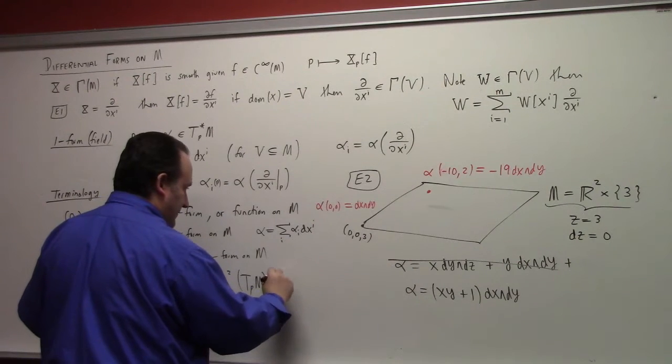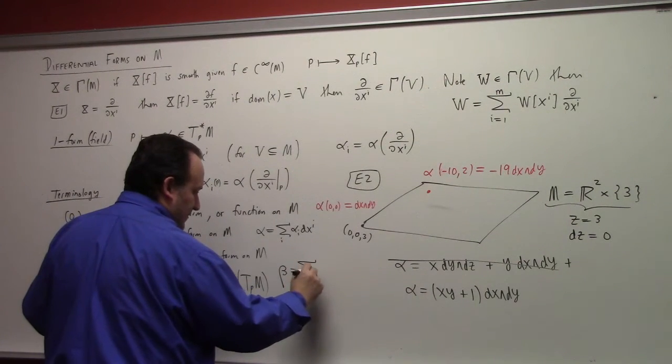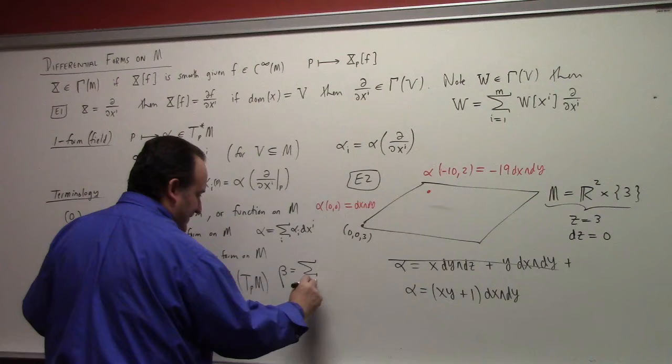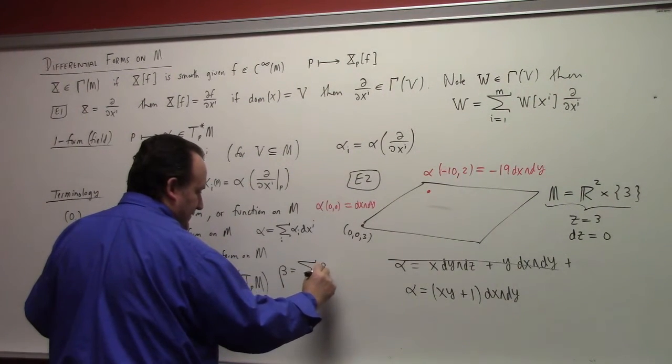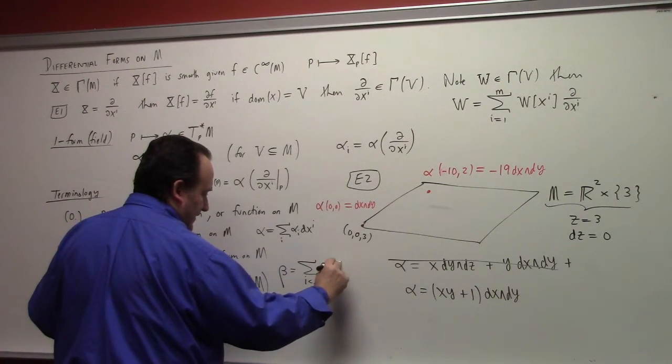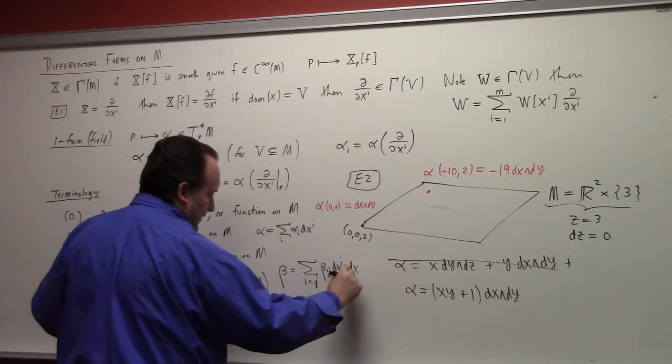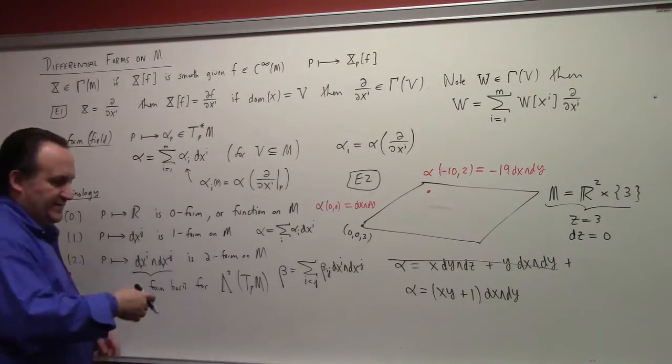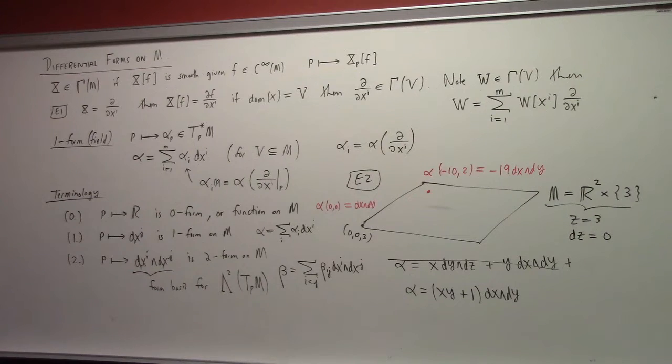A 2 form is something like beta is equal to the sum over i less than j, beta ij, dx i wedge dx j. That's a 2 form, where the beta ij are functions, right?